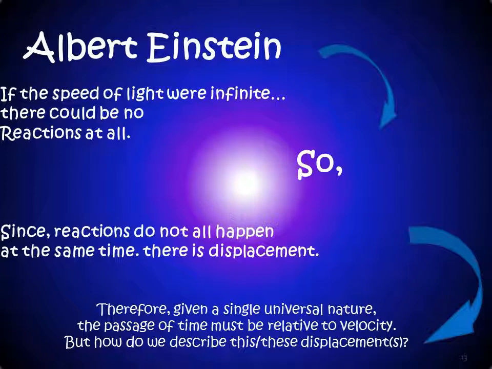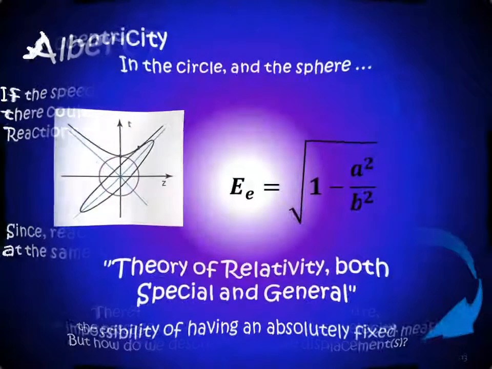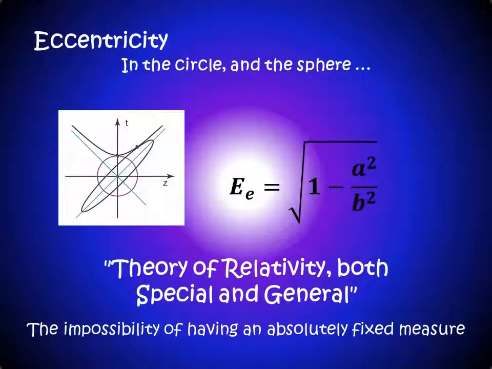So essentially, we have a single universal nature. Time, the passage of time, is relative to the velocity of light. And we need a way to describe these displacements that are taking place. Okay, eccentricity of a circle is what was chosen by Einstein and others.